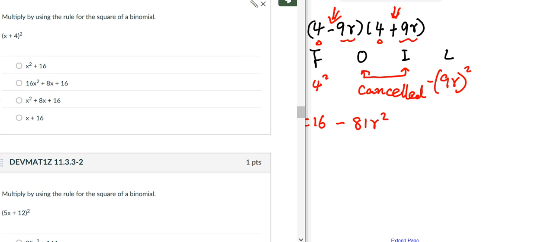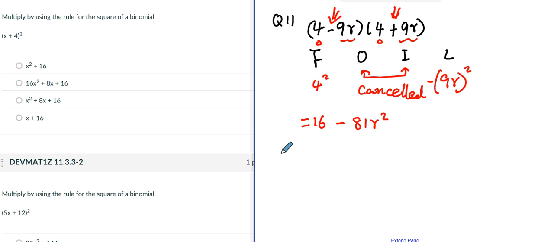Now, second one. Second one is a little bit special because we know x plus 4 squared is what? x plus 4 times x plus 4.